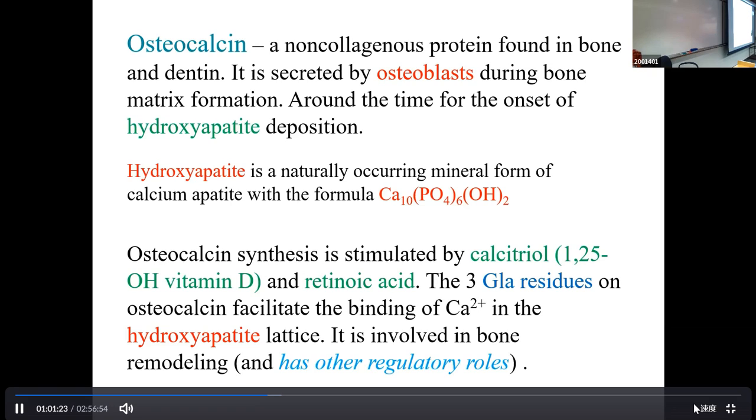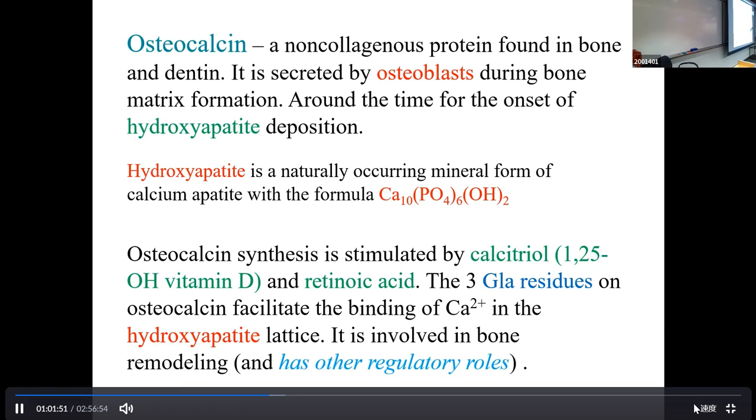Remember, osteoblast is the cell that lays down bone. When it lays down bone, it also makes this protein around the time of the onset of the hydroxyapatite deposit. So this protein is important for the formation of the hydroxyapatite complex.